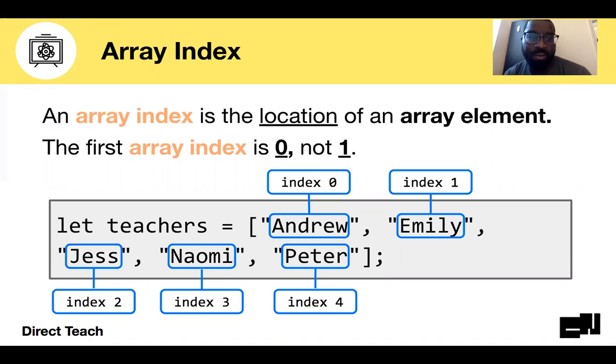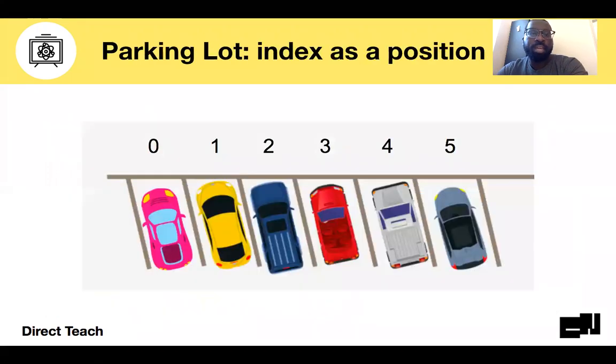So here we have an array called teachers, and this array has 5 array elements. Andrew has an index of 0, so that's the location of Andrew. Emily has an index of 1, Jess has an index of 2, Naomi has an index of 3, and Peter has an index of 4. Okay? So this is the position of those array elements.